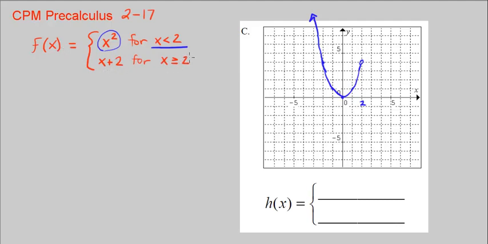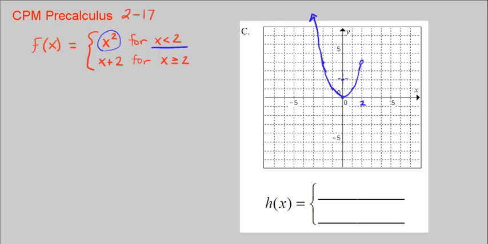Now, x greater than or equal to 2, that's where we're going to start at 2 and go to the right. So now that is going to be x plus 2. To graph x plus 2, that's just y equals x plus 2. So that's basically starting at 2, that's our y-intercept, with a slope of 1.